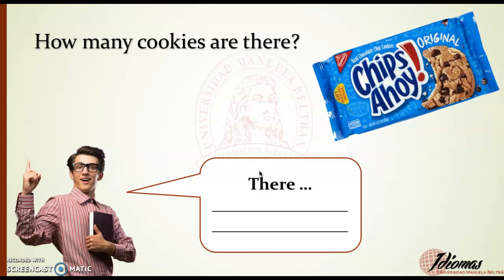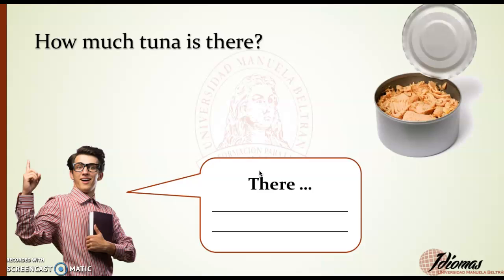How many cookies are there? There are 2 cookies or there is a package of cookies. How much tuna is there? There is some tuna or there is a can of tuna.